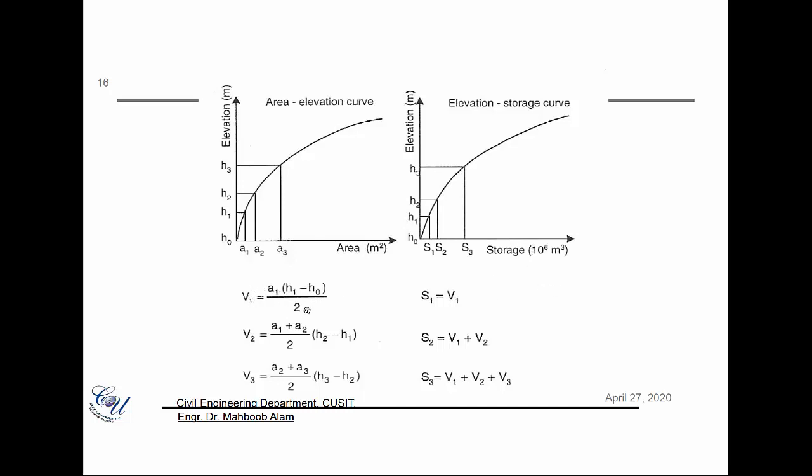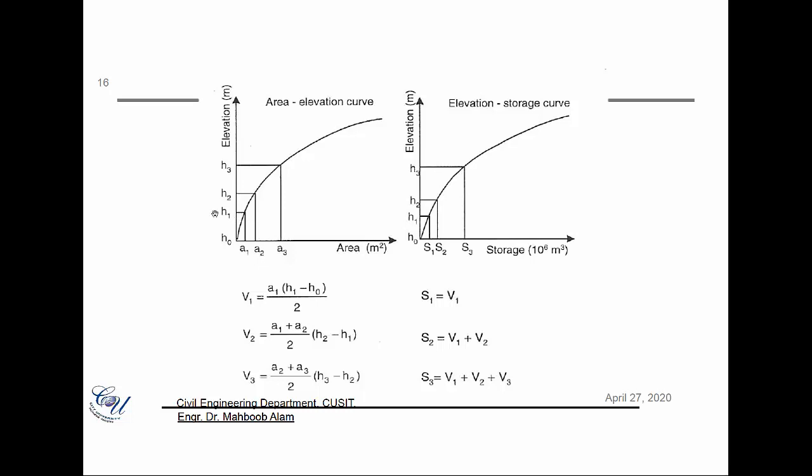So let's say if you have a particular area, for example, we are trying to find out the volume that would be between these two lines, or between area 1 and area 2.